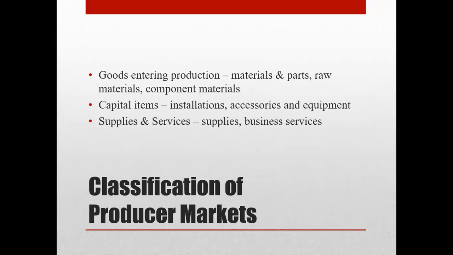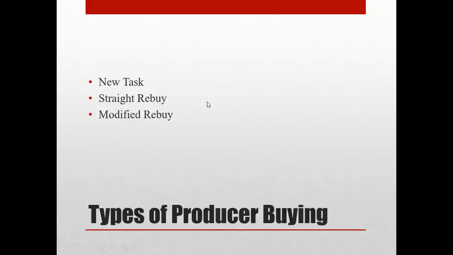Those are part of your business, but they are not entering into the actual production, but they are necessary for you to continue. You have cleaners that help you clean your factory after you are done. They are a necessary part of the business, but not necessarily a part of the production itself. So those are the factors that we use to classify the production market.